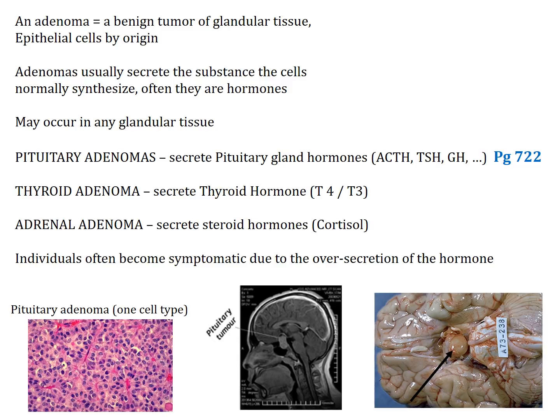The individual not only will become symptomatic due to the release of the hormone or hormones, but also due to the effect of the pressure of the tumor on the brain. They develop elevated intracranial pressure, something we're going to talk a lot about in the neurology unit, but we're going to mention that briefly as we go through these different adenomas, particularly the pituitary adenoma. Okay, we're going to push on.